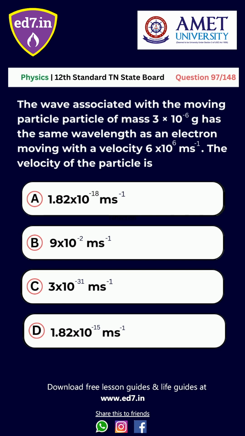The velocity of the particle is: option A, 1.82 into 10 power 18 ms power minus 1; B, 9 into 10 power minus 2 ms power minus 1; C, 3 into 10 power minus 31 ms power minus 1; D, 1.82 into 10 power minus 15 ms power minus 1. The right answer is option D, 1.82 into 10 power minus 15 ms power minus 1.